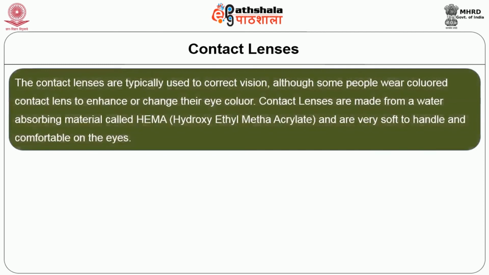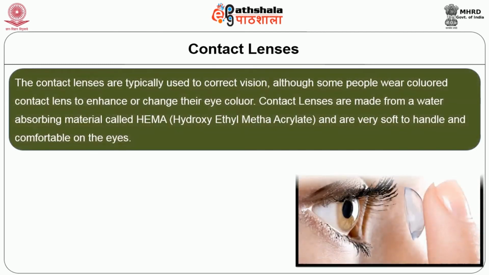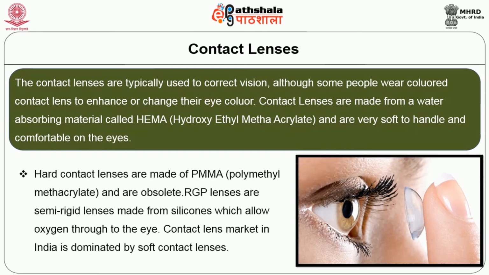The next one we will be seeing is contact lens. Contact lenses are typically used to correct vision, although some people wear colored contact lenses to enhance or change their eye color. Soft contact lenses are made out of a water-absorbent material called HEMA and are very soft to handle and comfortable to the eyes.